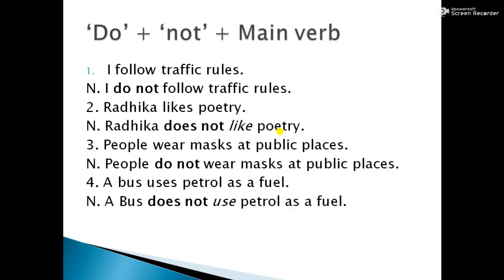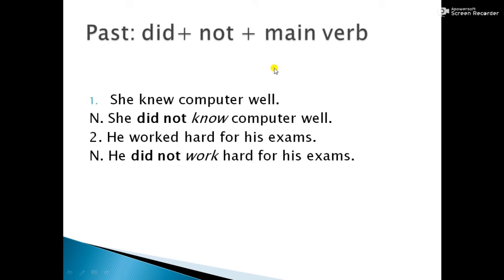And when there are only main verbs, the formula is again simple to remember. Appropriate form of do according to the tense of the main verb. So do plus not plus main verb. Then in the past tense with a main verb, just add did, then add not, and then the base form of the main verb.